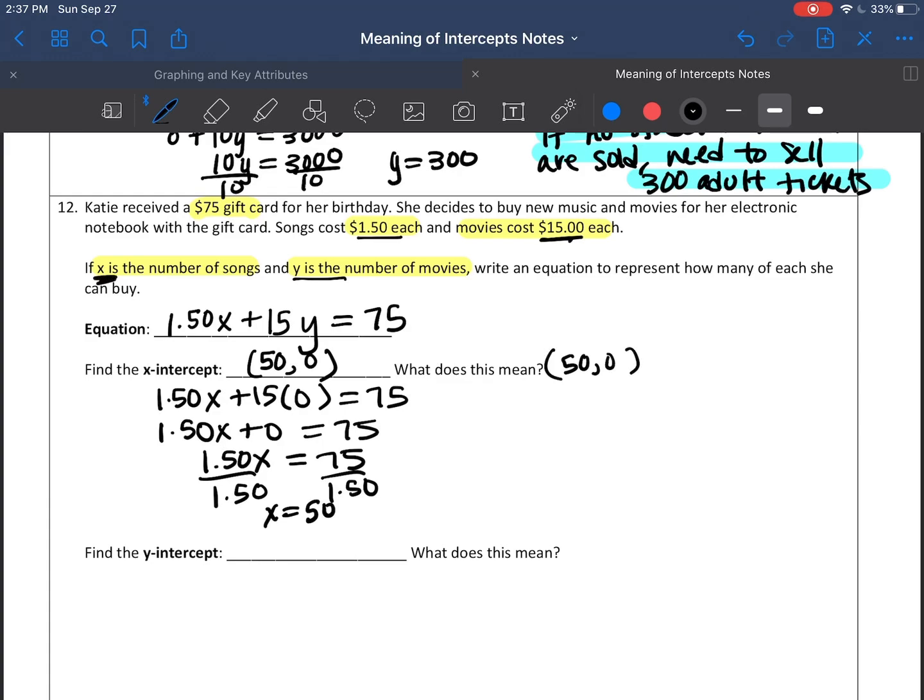And so to interpret this situation, 50, 0, remember x is the number of songs and 0 is the number of movies.